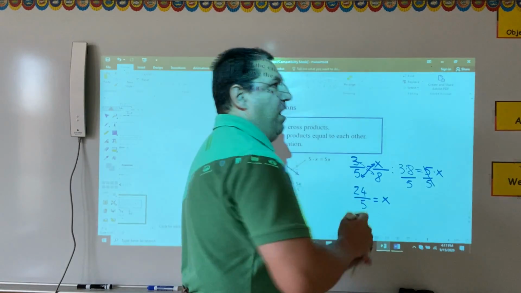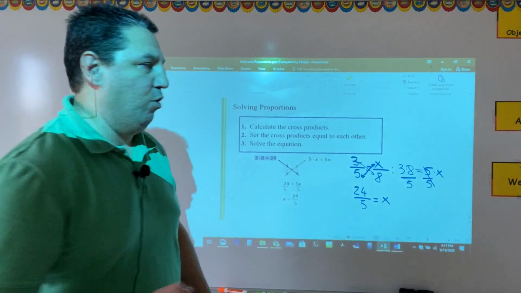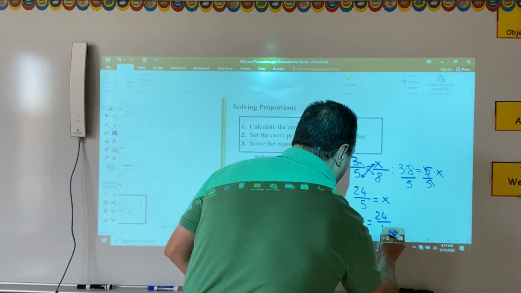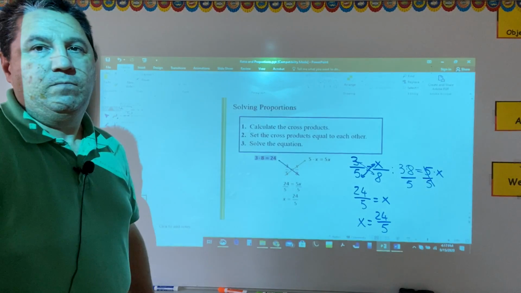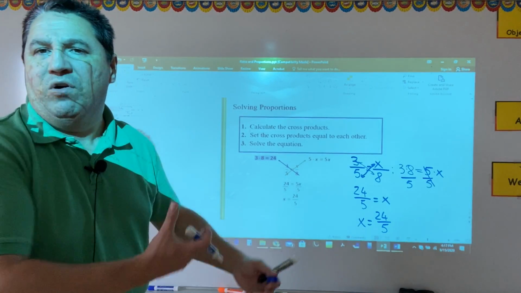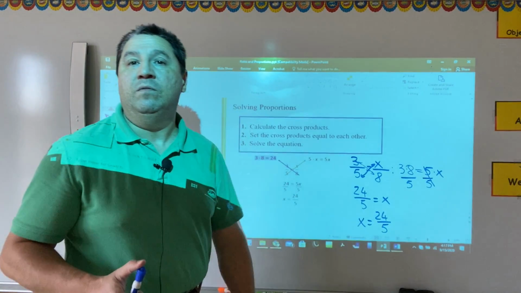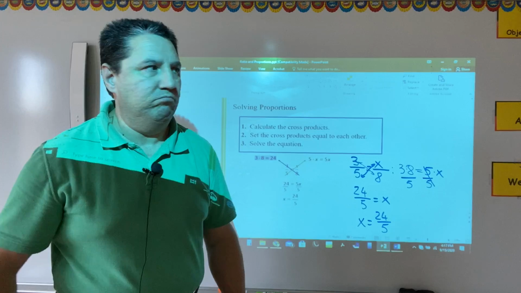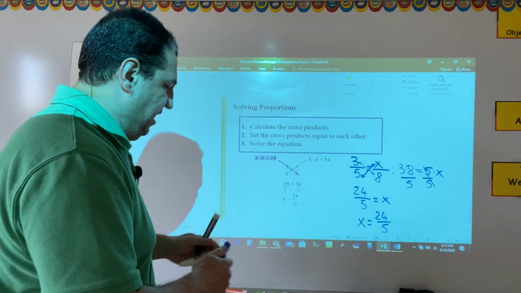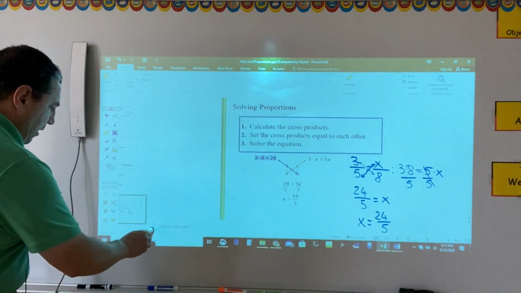Or, if we apply the symmetric property of equality, we can say x equals 24 over 5. We can leave the answer as a fraction, or we can estimate the fraction by dividing 24 by 5, but that is not our main concern in this lesson. Good.